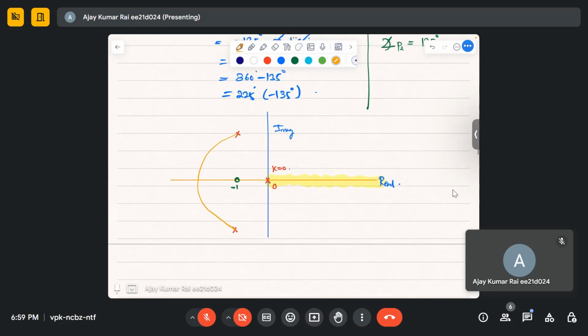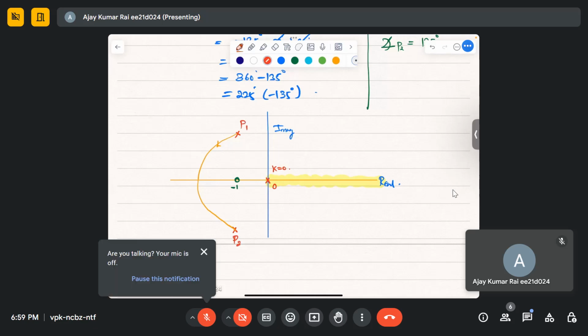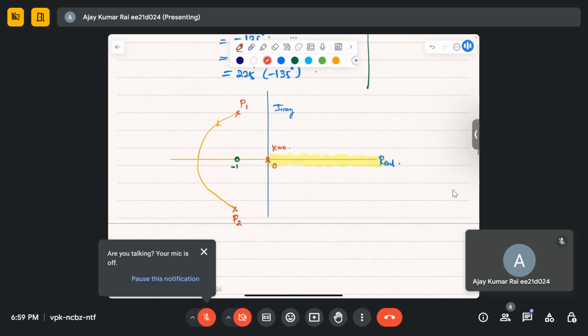This is the root locus. This is P1, P2, and it is going to the real axis like this.